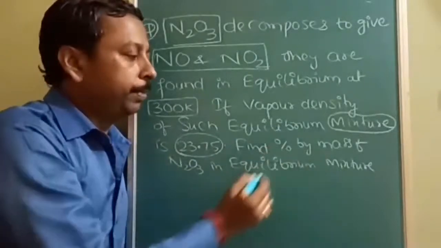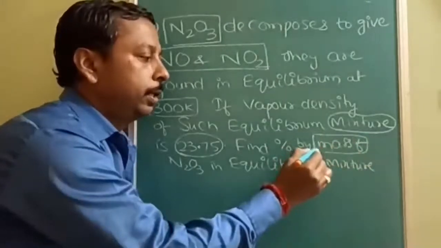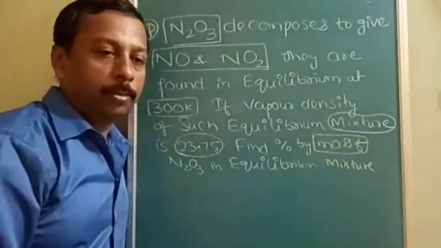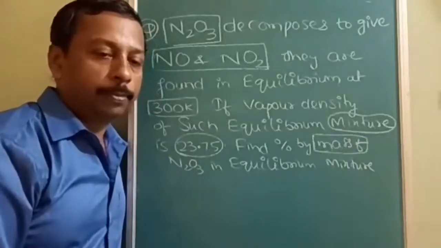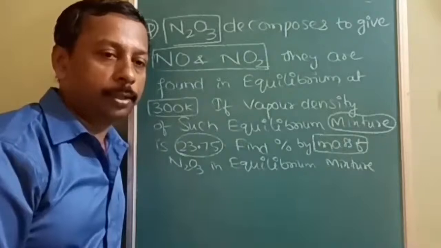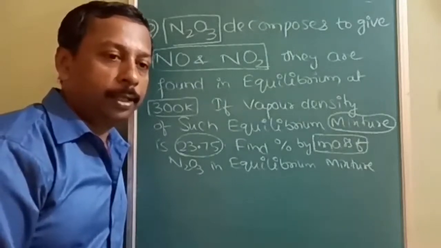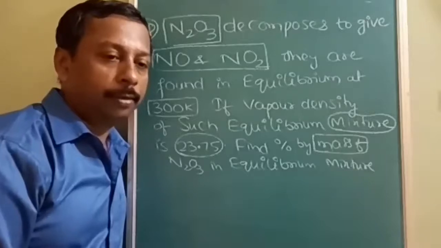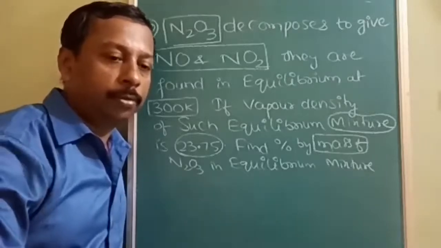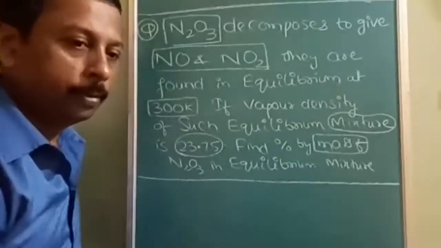And percentage by mass is also one of the tricky areas where students are not able to understand. You have to find the percentage by mass, not by moles. So solve this question very carefully. It is time taking, but you should use all your efforts to decrease time without losing accuracy.